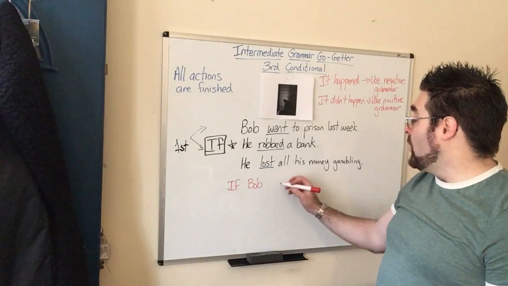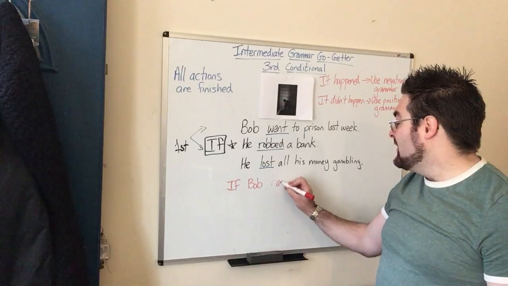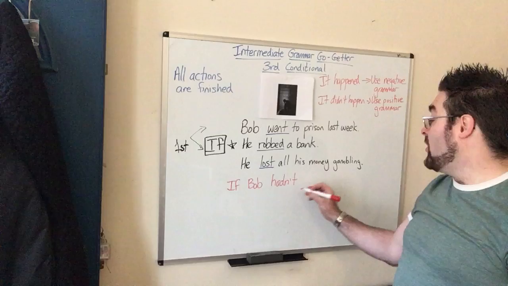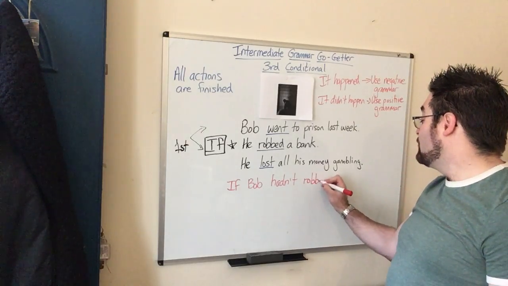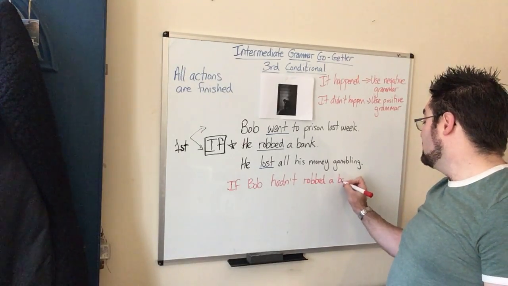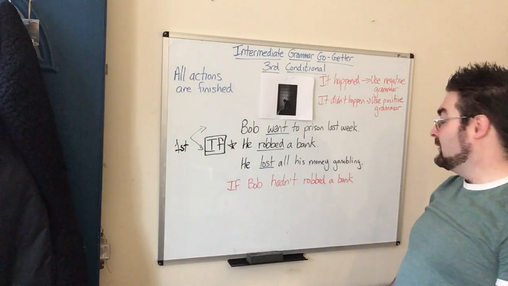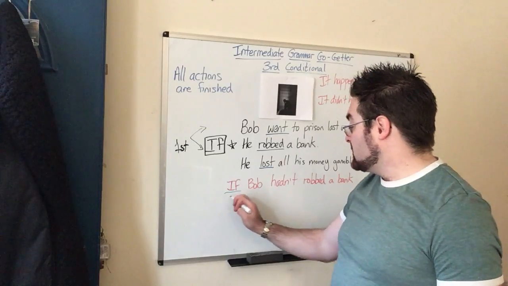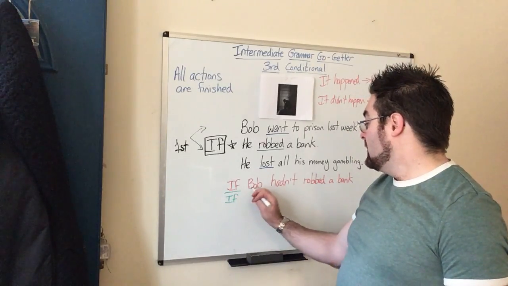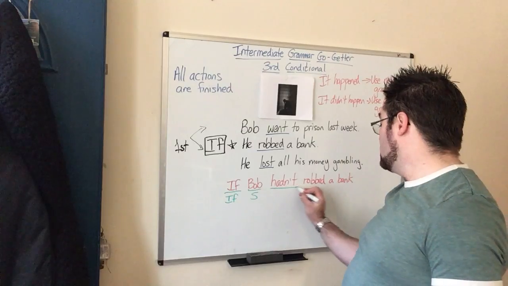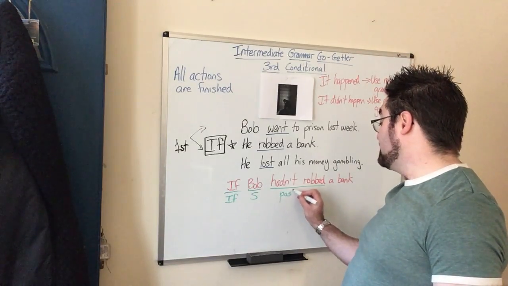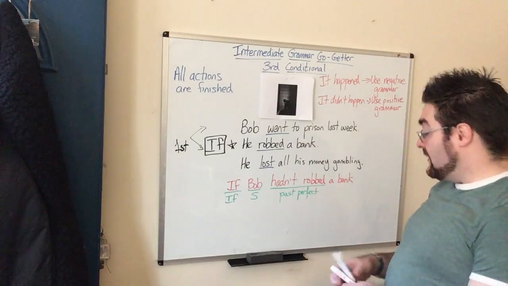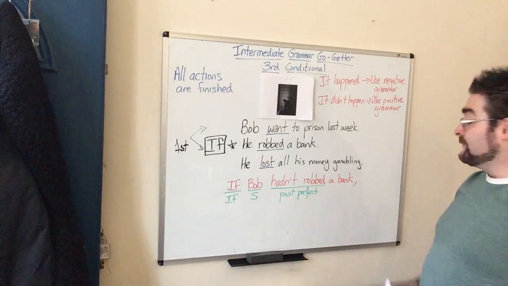So, if Bob, then we need the past perfect. Okay, so if Bob hadn't robbed a bank. Okay, and let's just make sure that we've got the structure here. So if, subject, and past perfect. Then, of course, we need our comma.